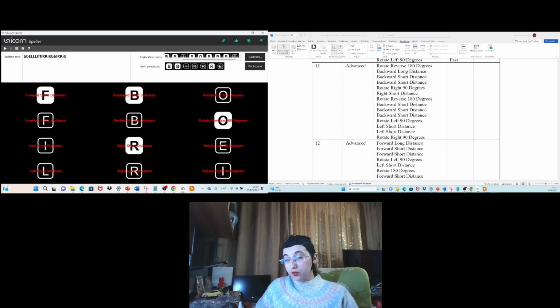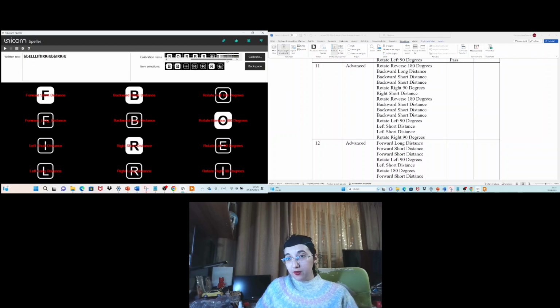Then left short distance command for 2 times. Okay, 2 times. And in the end, rotate right with 90 degrees.